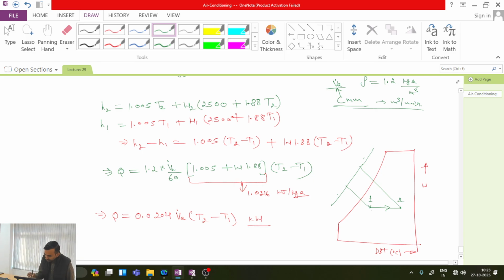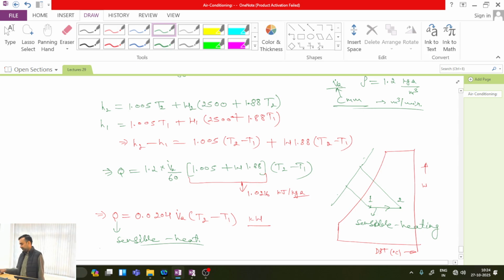You can call this process sensible heating. And this Q is nothing but the amount of sensible heat that one needs to add in order to increase the temperature. Is this point clear? Anyone having any doubt about this?